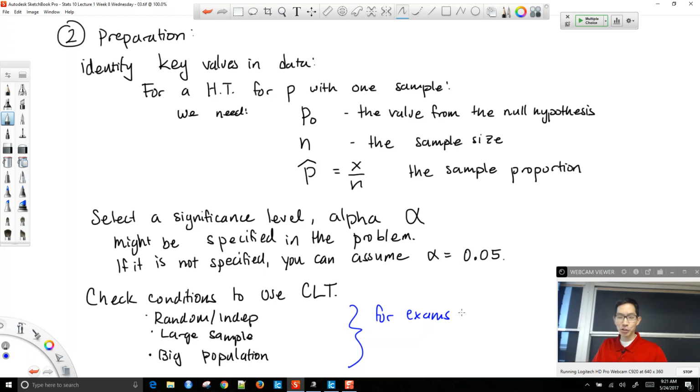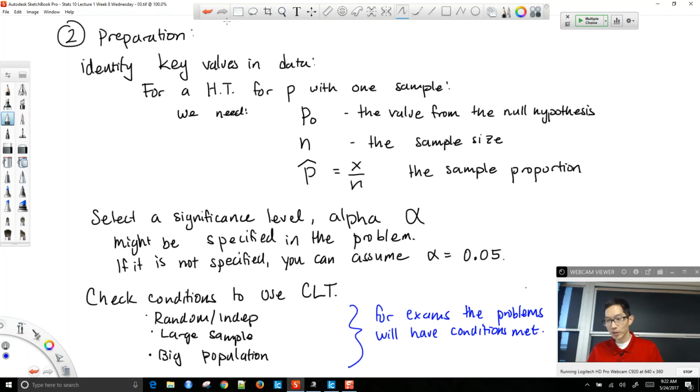I felt like I was writing traps in that way, so like the midterm, I'm going to have separate questions where you check the conditions, okay? And when it comes to doing actual calculations and going through the process of a hypothesis test, you can assume that the conditions are met. So for exams, the problems will have conditions met, except for that one section where I'm going to say check the conditions.